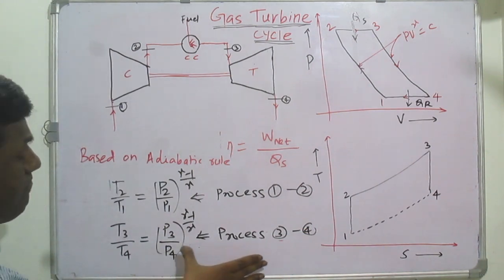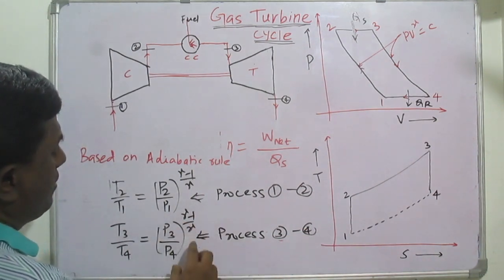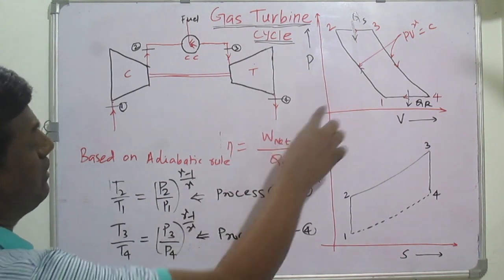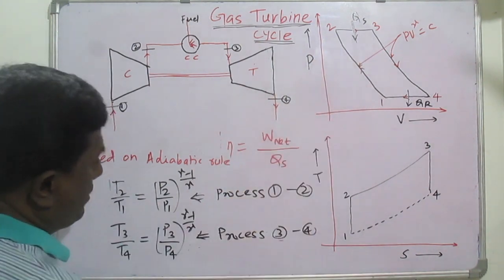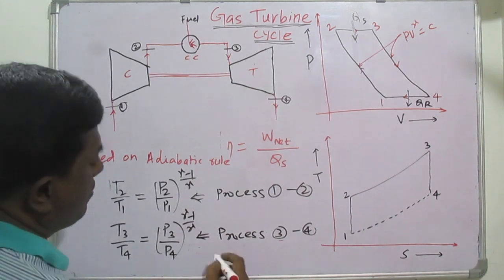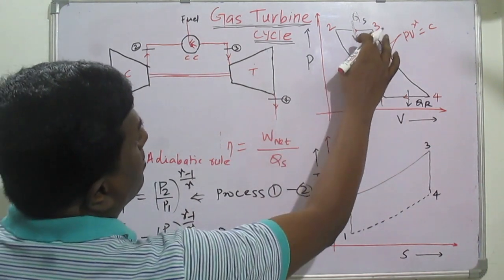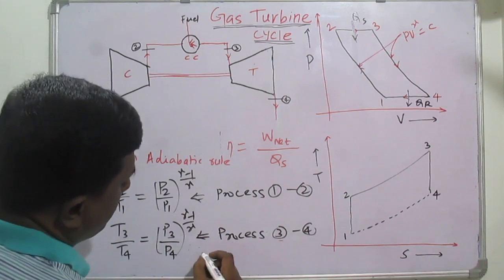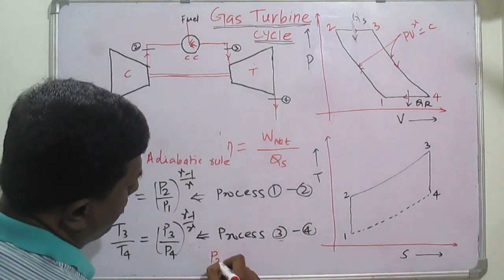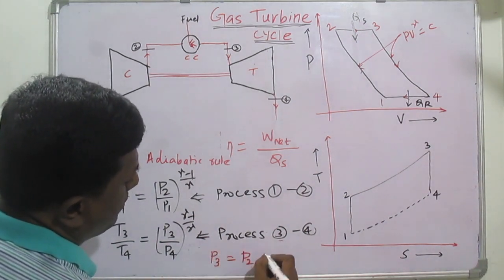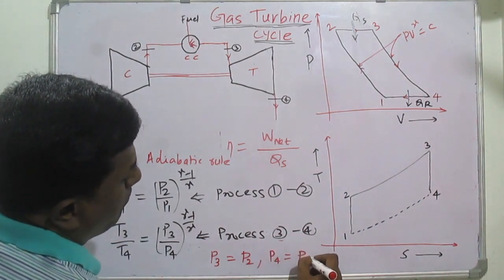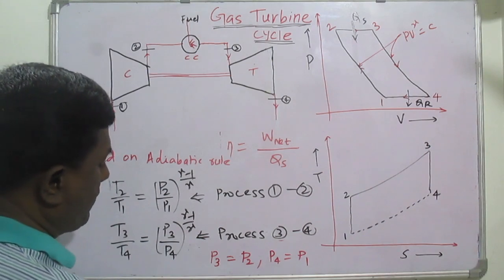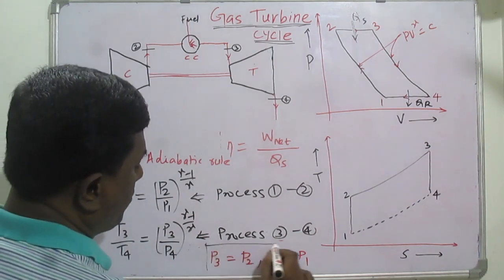Now, we all know that P3 is nothing but P2, because it is a constant pressure heat addition. Since P3 equals P2, P4 equals P1. We have to make a note of it.